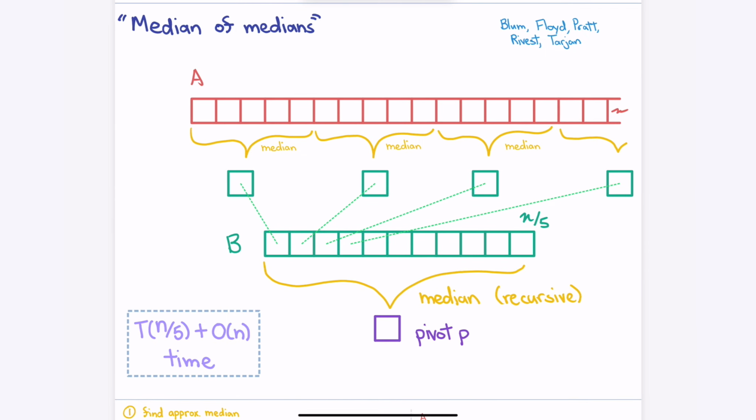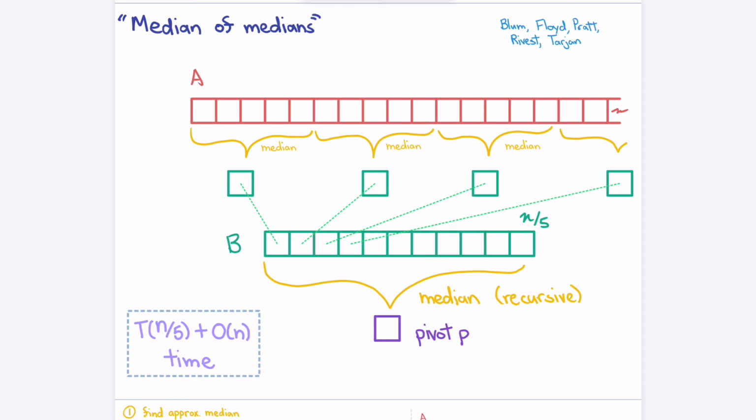Where did the n over 5 come from? That's right. So if we remember how we assembled green, it was from first grouping our input into groups of 5, partitioning it into groups of 5. For every group of 5, we got the median of that. So every 5 we pulled out 1.